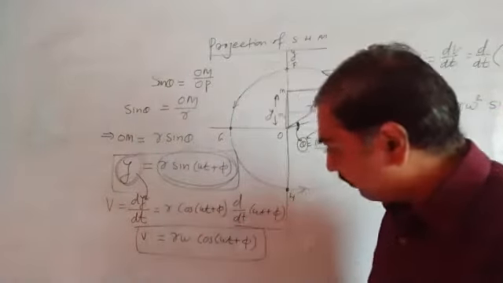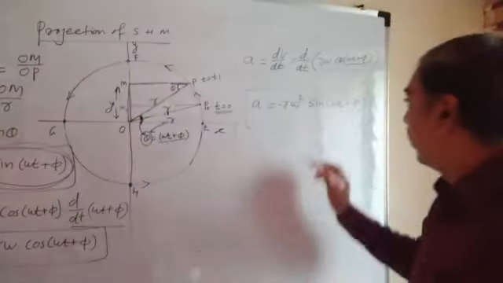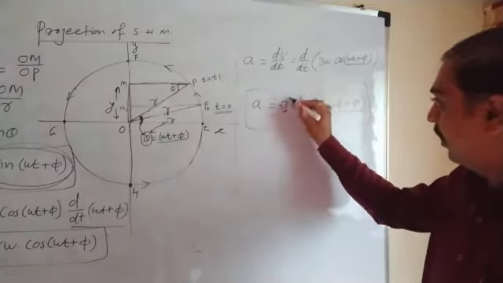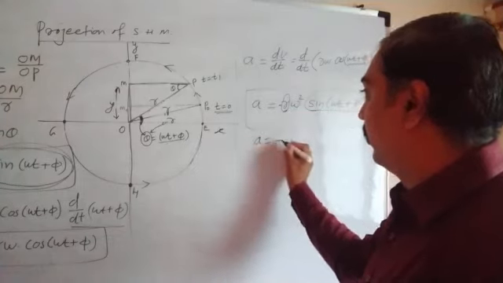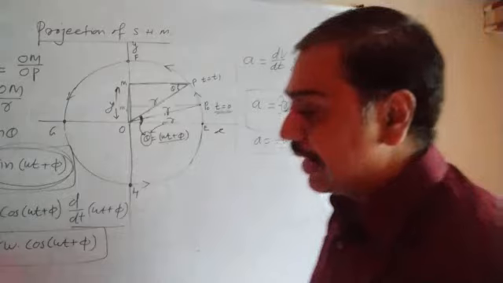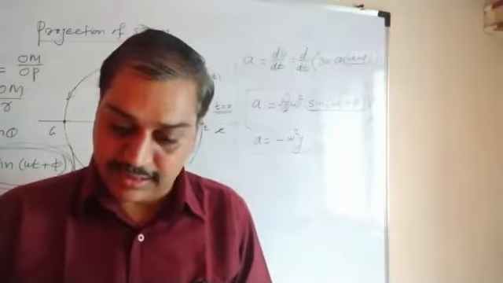So what can we write? This remains as it is. But in the case of acceleration, r sine of omega t plus phi, this r together, it is y. So we can write a equal to minus omega square y. That is the equation for acceleration. I hope you got this equation.